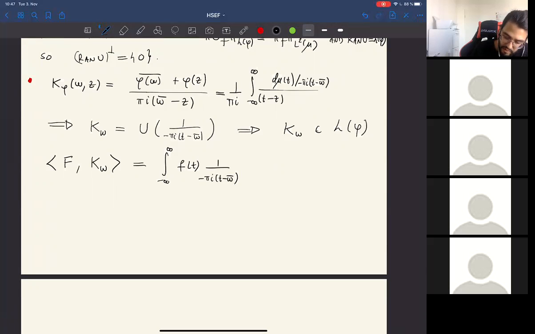But then I have to put a bar on everything, and then d mu(t). Once I put the bar on everything, you see that that's exactly the representation of F at the point w. So by definition, this is F at w. And there we go. That finishes the proof.